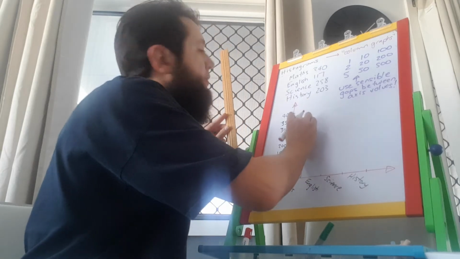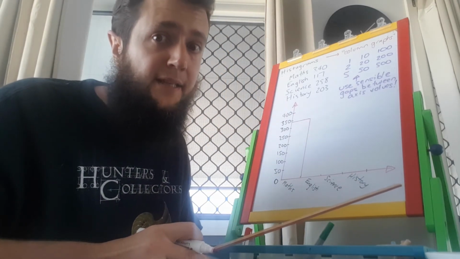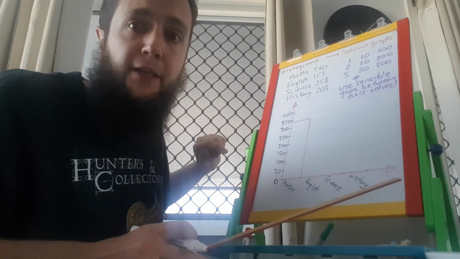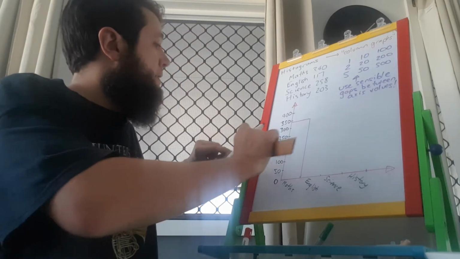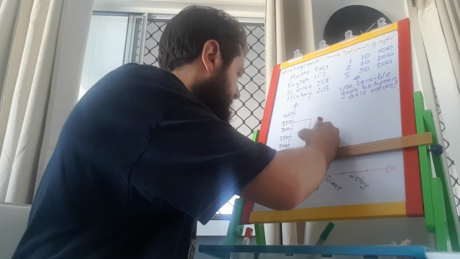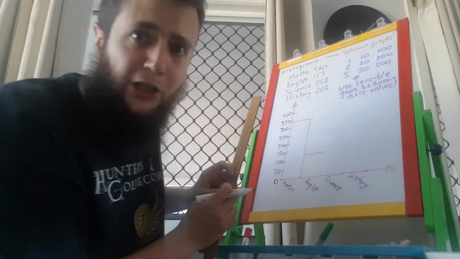So in terms of where 340 is, admittedly, I approximated there. I didn't take the exact value. I just approximated that's about where 340 will be. It's much closer to 350. Next up, English at 117. It's going to be about there. Maybe very slightly lower now looking at it.